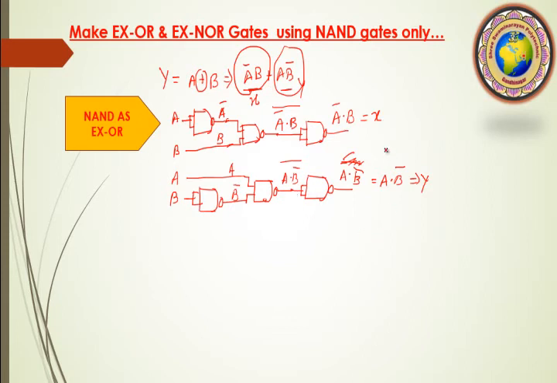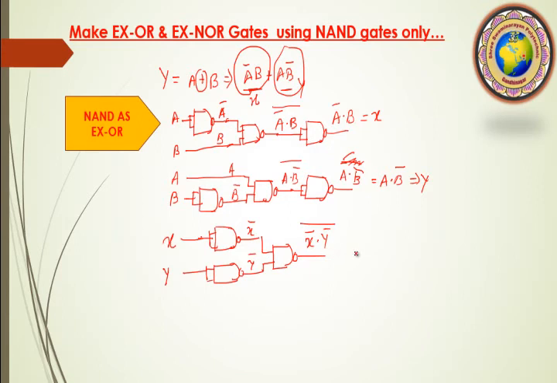So this X and Y, I just write here, X input and Y input. Now I will add them, with the first convert: here is X bar and Y bar. Then I will connect them directly into one another, meaning X bar Y bar whole bar.